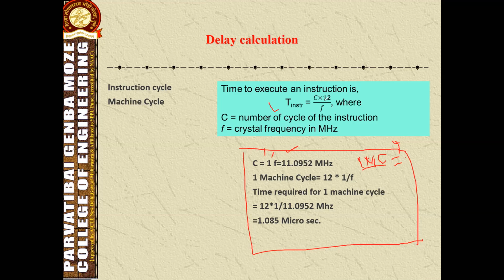Here it is 12 into C, where C is 1 because there is one machine cycle, divided by F, our frequency. So we are calculating the time required to complete one machine cycle. F is our frequency, 11.095 megahertz, so for executing one machine cycle at this frequency, this much time is required.